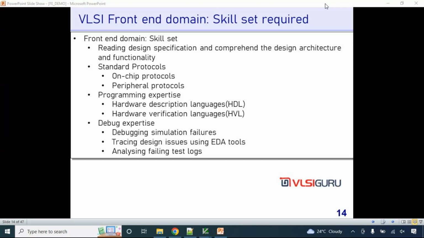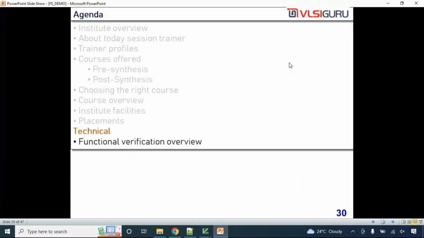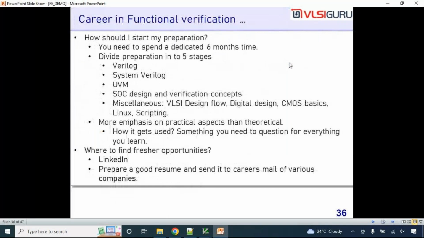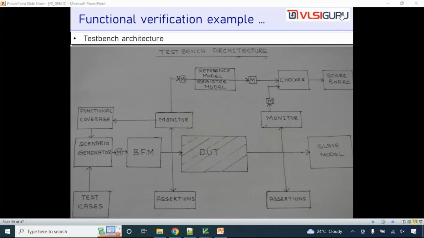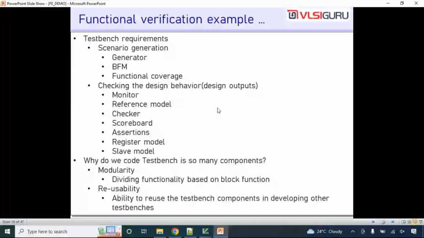Now, many times I don't want to get into what is functional verification and all that. What happens is, people are not mature enough, and if I start going into what is functional verification, what is meant by reading the specification, and start explaining this diagram, people don't understand much. Earlier we used to cover everything: what is BFM, what is generator, what is monitor, what is coverage, what is meant by reading specification, what is scenario generation.